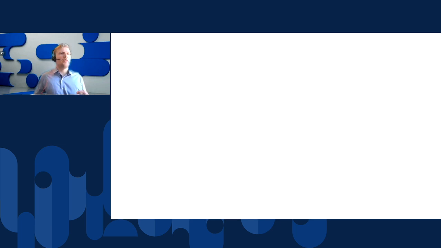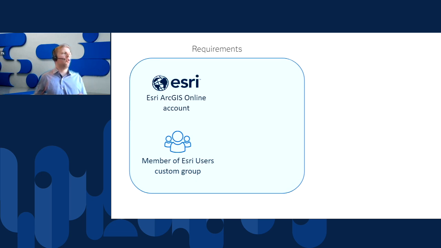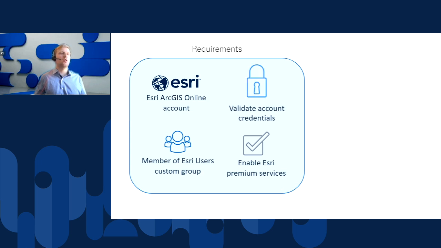Now, there are a couple of things to be aware of as far as requirements before you can take advantage of this partnership with Esri. Most of these have to do with the admin side of things in your environment. But just to be aware, you do need to be a member of the Esri users custom group. Your organization also has to have an Esri ArcGIS Online account. And then in SAS Viya, you need to enable what are known as Esri Premium services, which you can do by validating your Esri account credentials within SAS Viya.